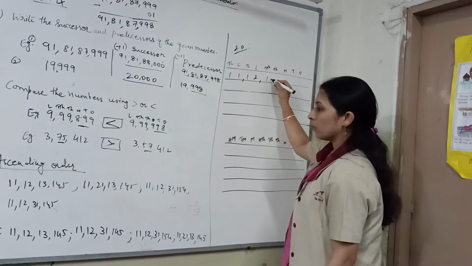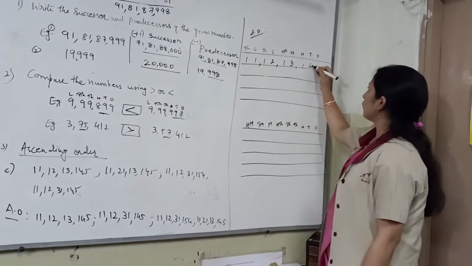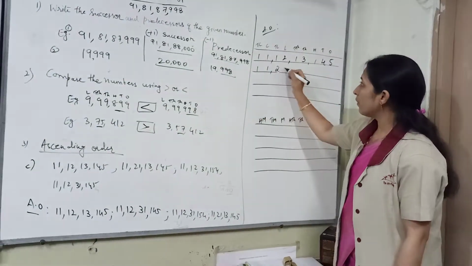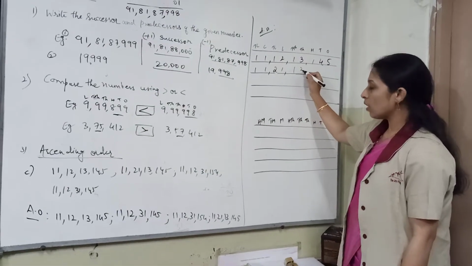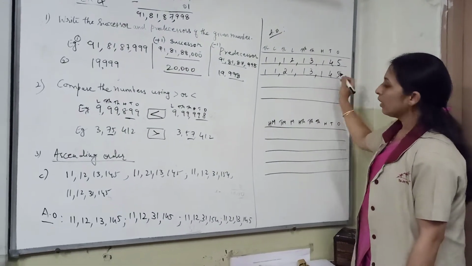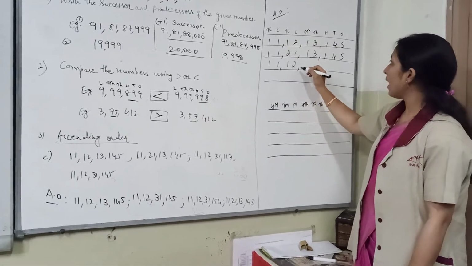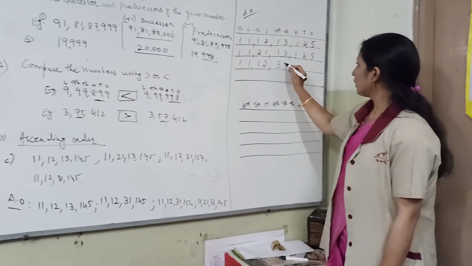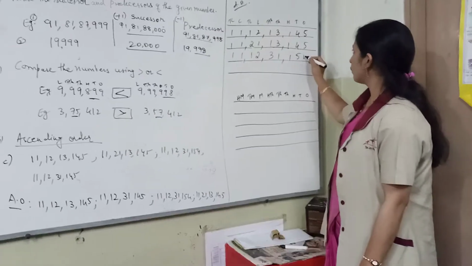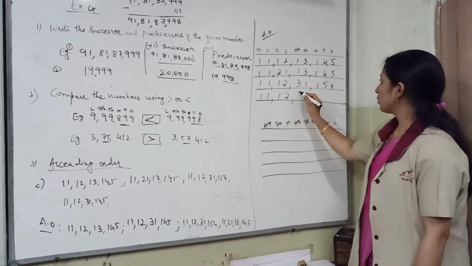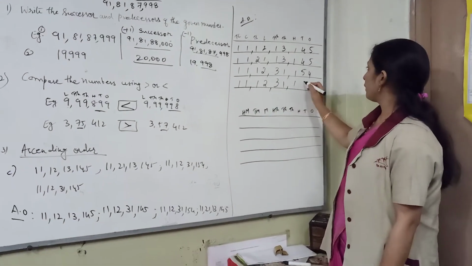The numbers are 11 crore, then 11 crore, 21 lakh, 13,145, and the next number is 11 crore, 12 lakh, 31,154, and 11 crore, 12 lakh, 31,145.